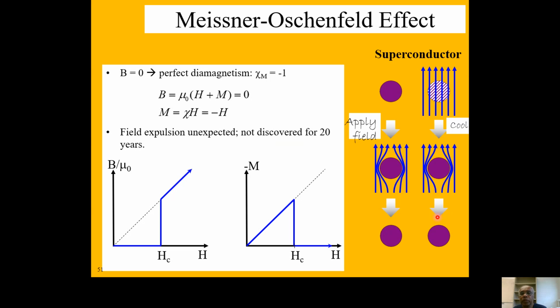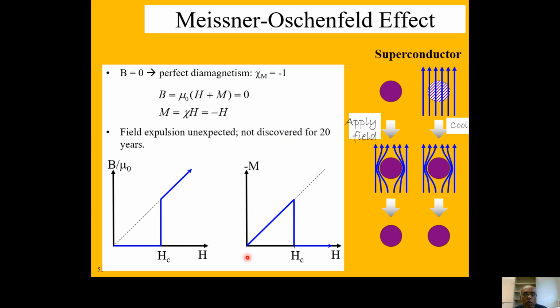Okay, so then in this situation, if you use that equation, if superconductors are perfect diamagnetism, that means your susceptibility is -1, then your M is -H, right? If I plot H versus -M, then you have this straight line.